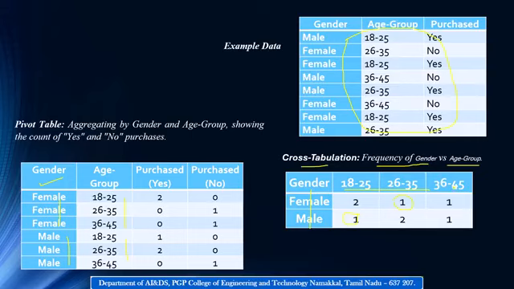So I'm making a cross tabulation like this. The cross tabulation also summarizes the data, but it gives the clear count. Either the pivot table or the cross tabulation, what is the purpose? It is summarizing the data and it will give the insights, so easily you can understand what is available in the data.